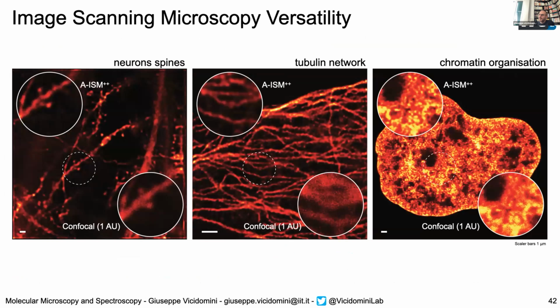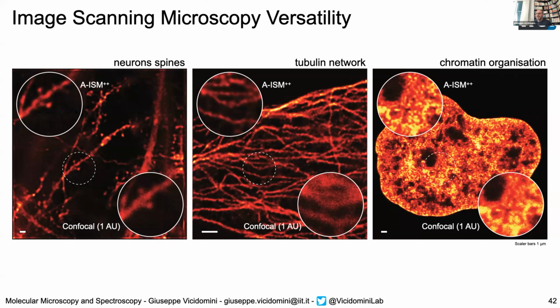So here are a few other results using this technique, because I want to highlight the versatility of the technique. It's not like STED, where in some cases you need specific fluorophores, or anyway specific conditions. Here is just a system that you can apply to any kind of sample that you typically observe with a confocal microscope.